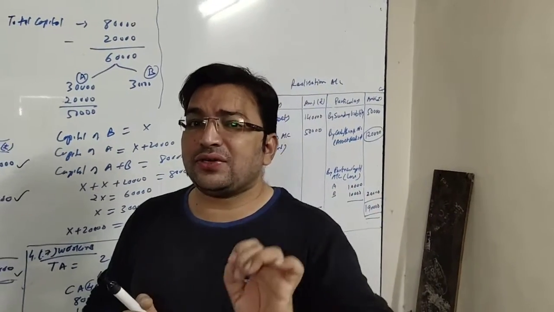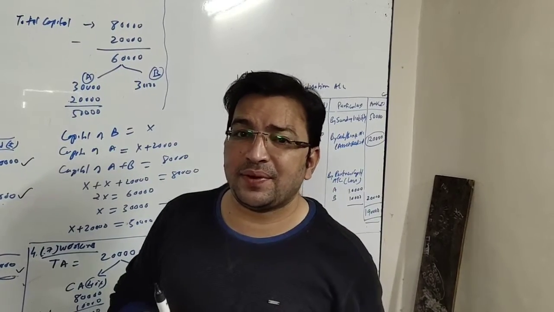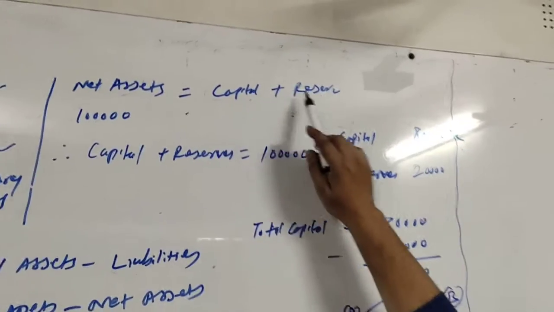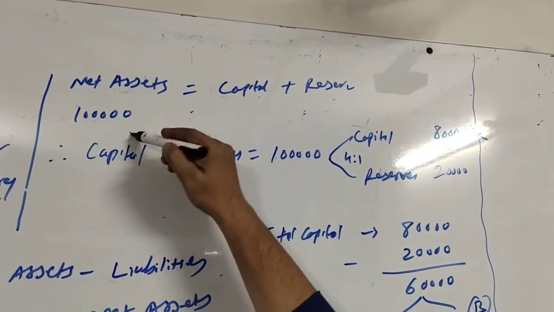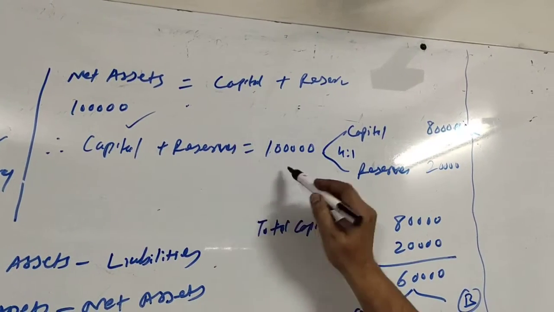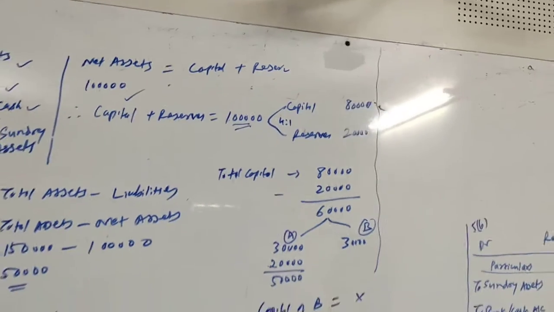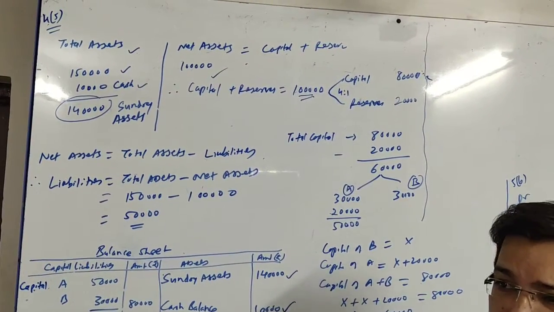First of all, let us talk about net asset, which means capital plus reserve. Net asset is given as rupees 1 lakh, so our capital plus reserve is rupees 1 lakh. Now they have given us that capital and reserves are in the proportion of 4:1.